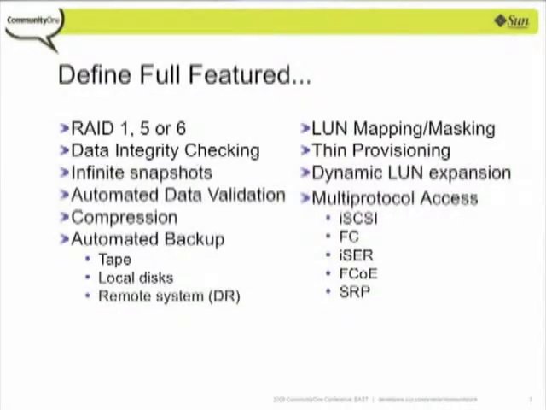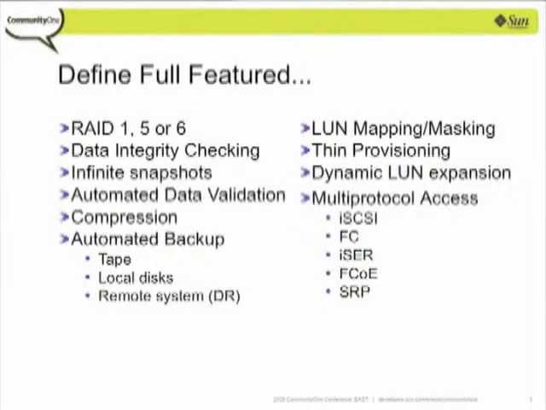So what's a full-featured array? I talk about with commodity parts, get a full-featured array up and running. Well, a full-featured array includes a lot of moving parts. So RAID 1, 5, or 6; in fact, RAID 6 rarely comes in your low-end arrays. Data integrity checking, you get that for free through ZFS.